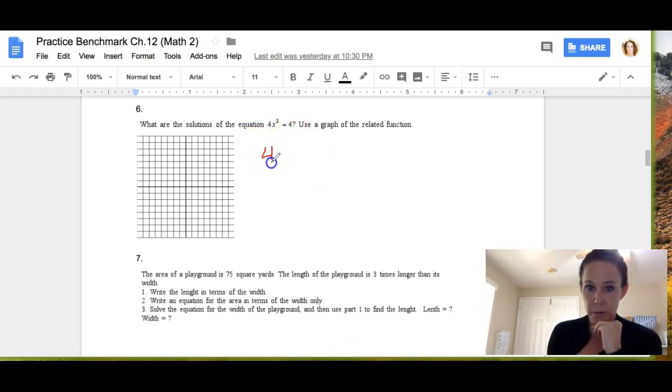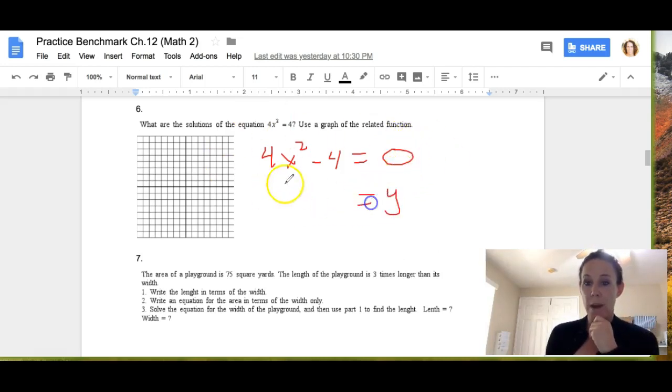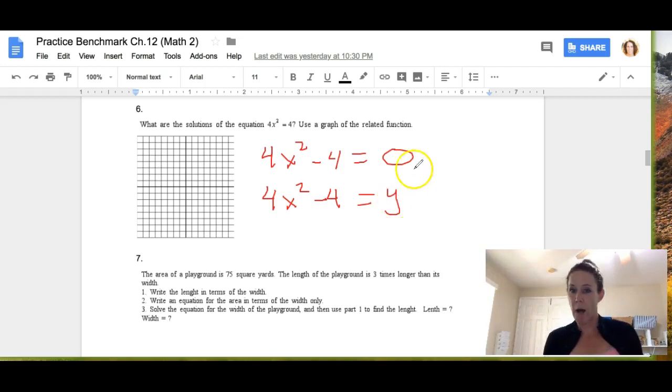So we're going to go 4x squared and move the 4 over here by subtracting 4 from both sides. Minus 4 equals 0. If I subtract 4 from both sides, this becomes negative 4 and that becomes 0. So here's our function. We want to know where it's 0. We're going to set that equal to y or f of x. Either way you want to look at it. So what we want to know is where y is 0.